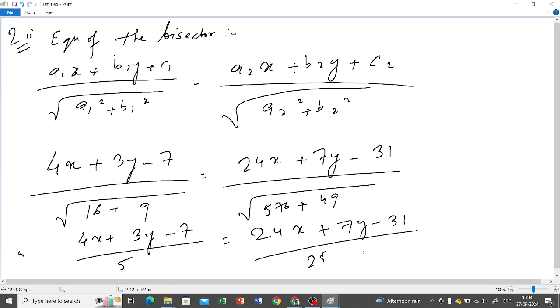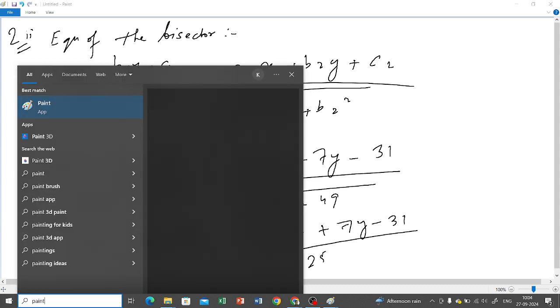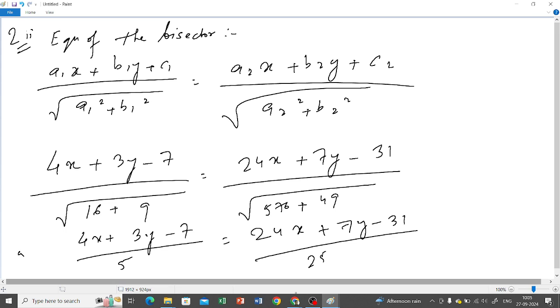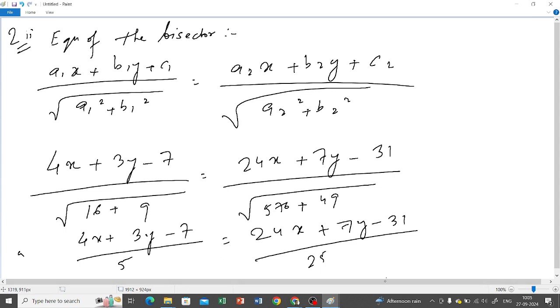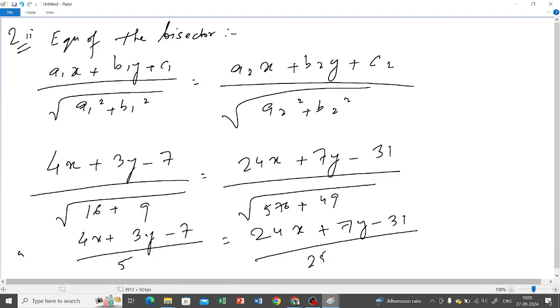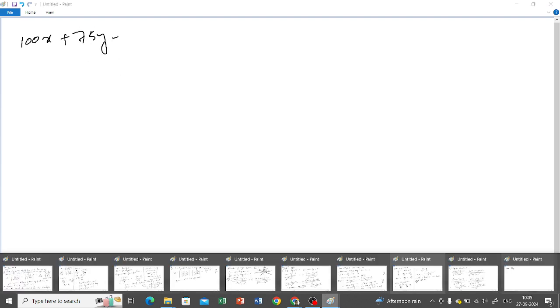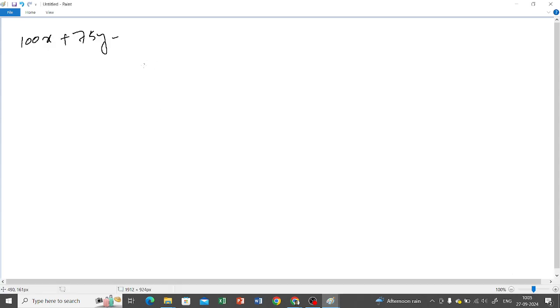Now we just need to cross multiply. So if we just cross multiply, we are going to get 100x, 75y, 175.